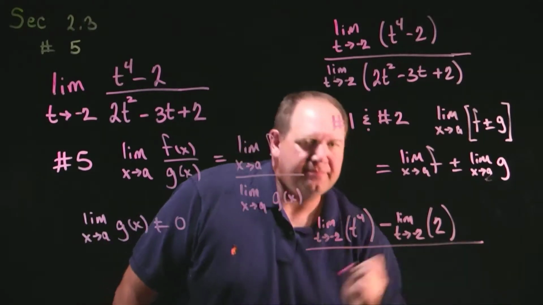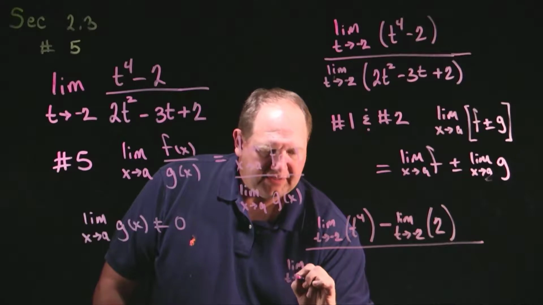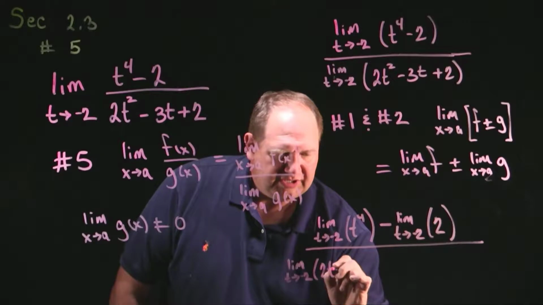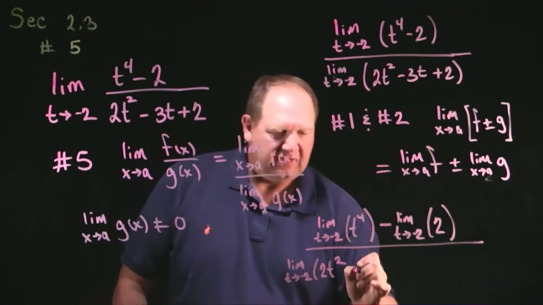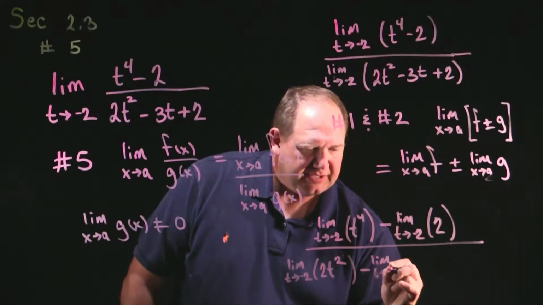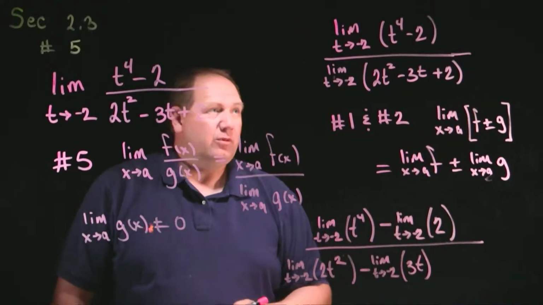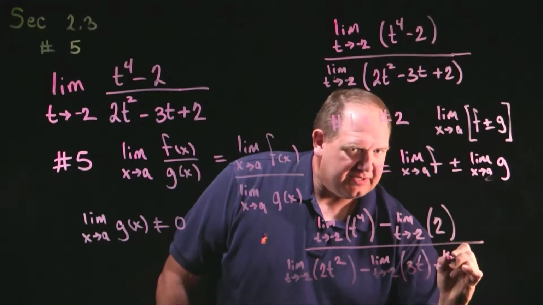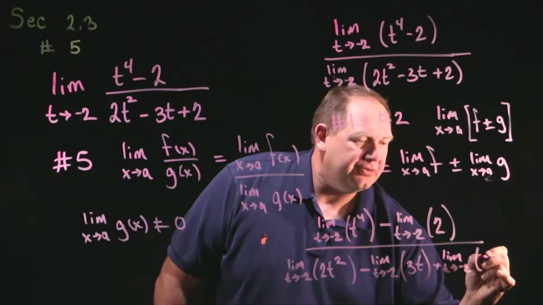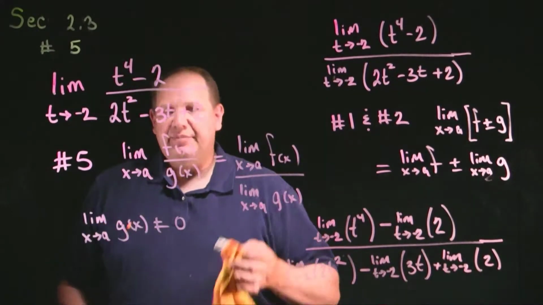And then for the bottom, I'm going to have the limit as t approaches -2 of 2t squared minus the limit as t approaches -2 of 3t. And then one more, plus the limit as t approaches -2 of 2. Okay, let me erase this side over here.